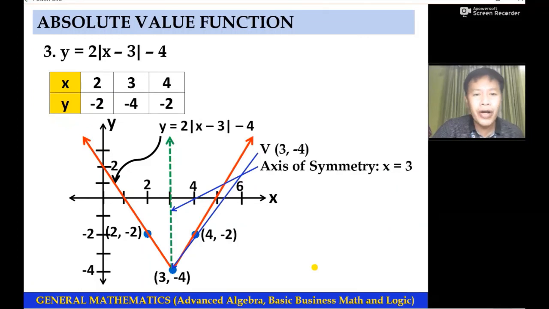That ends our lesson in this video presentation. So there are already 6 basic functions that we have already discussed. And the last one is the piecewise function, and that is more complex.